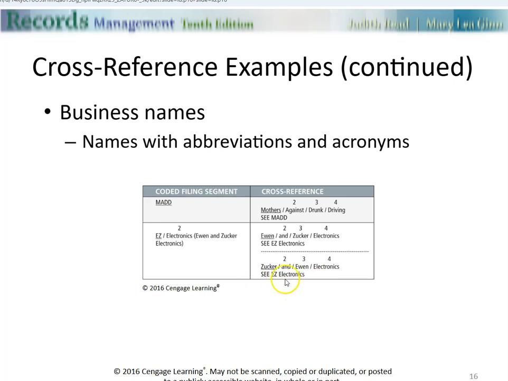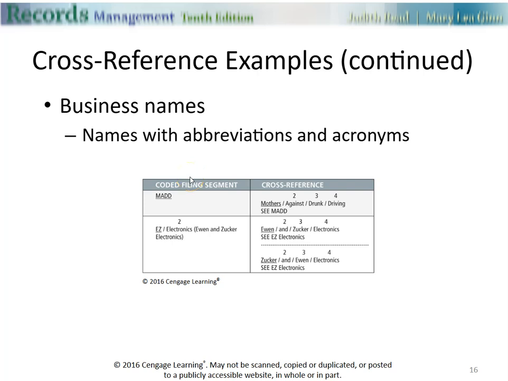Just like I mentioned before, you never refer back with your C notation to another cross-reference. By creating your cross-references this way, whether someone searches for the abbreviation, the full name, or just one of the partners, they'll still be directed to the original file, which is Easy Electronics.